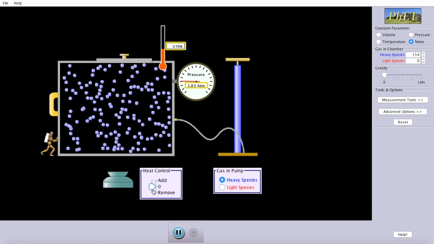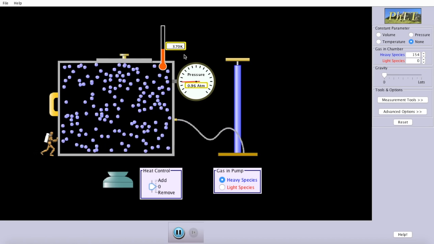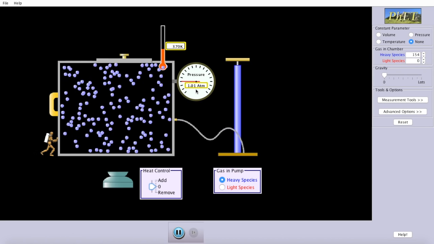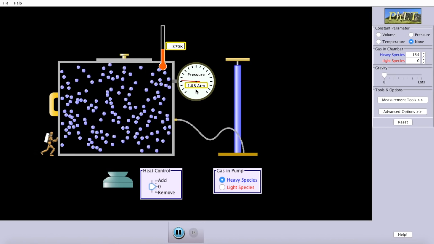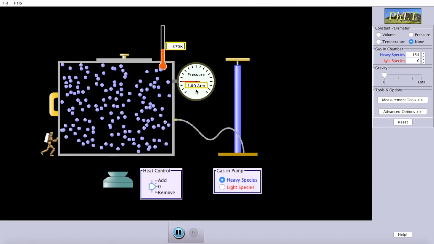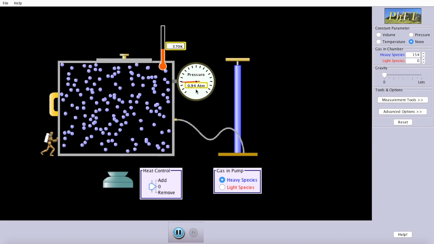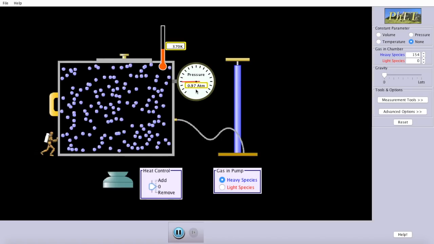How about 370? At a temperature of 370 Kelvin, the pressure is 1.1 atmospheres. So write those numbers down, and there'll be some instruction on what to do with those 4 numbers, I guess, and the space on the paper.